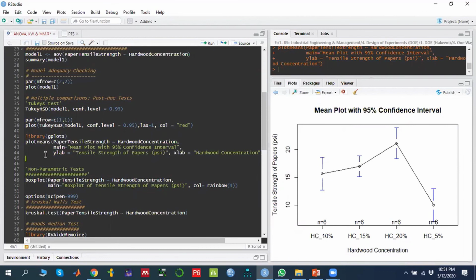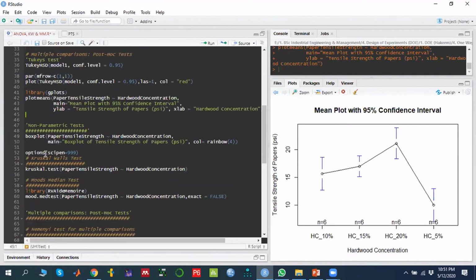As we have seen in the previous video, while we were discussing one-way ANOVA using Minitab, we saw that if the data does not follow the normal distribution, then we can apply a non-parametric test. And we have discussed that against the one-way ANOVA, non-parametric tests are available: either we can apply the Kruskal-Wallis test, or we can apply Mood's median test.